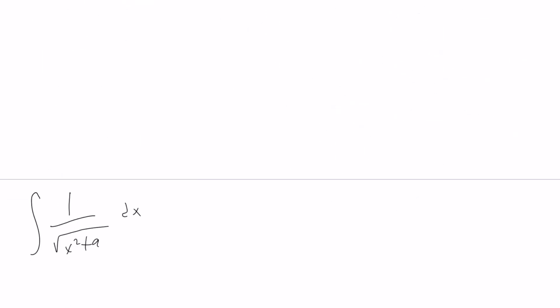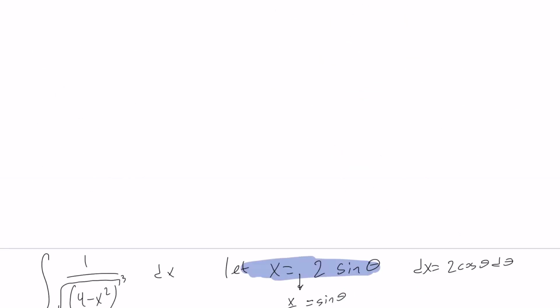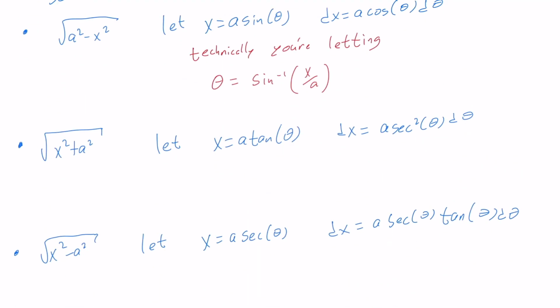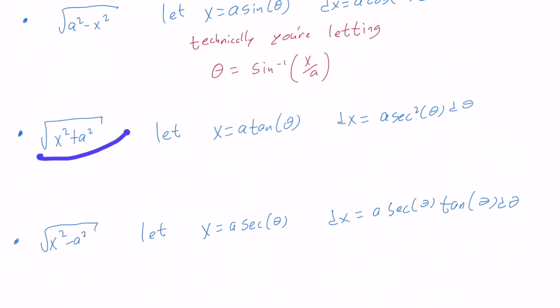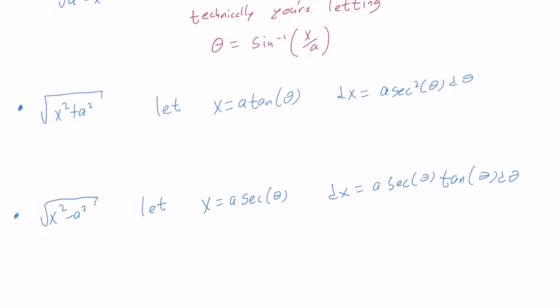Let's see something else. Here we have 1 over x squared plus 9. Going back to our rules of thumb, this one looks like x squared plus a squared. And if it looks like x squared plus a squared, that means we should let x be a tangent theta.